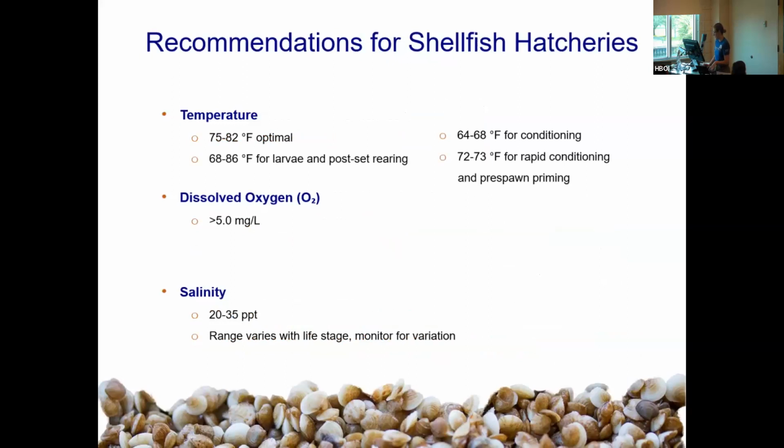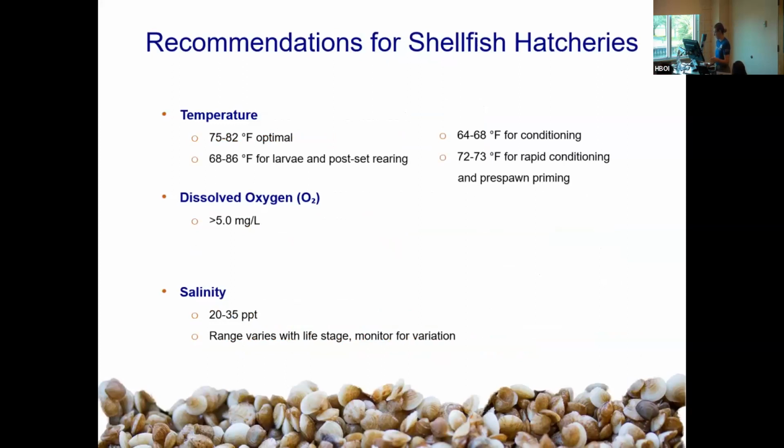Temperature recommendations for shellfish hatcheries depend on the life stage, but generally between 75 and 82 degrees Fahrenheit is optimal. For larvae and post-set rearing, we recommend between 68 and 86 degrees.